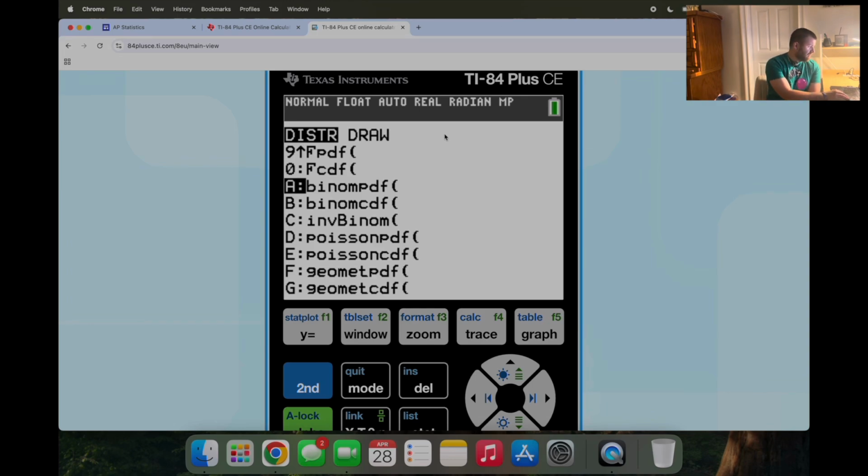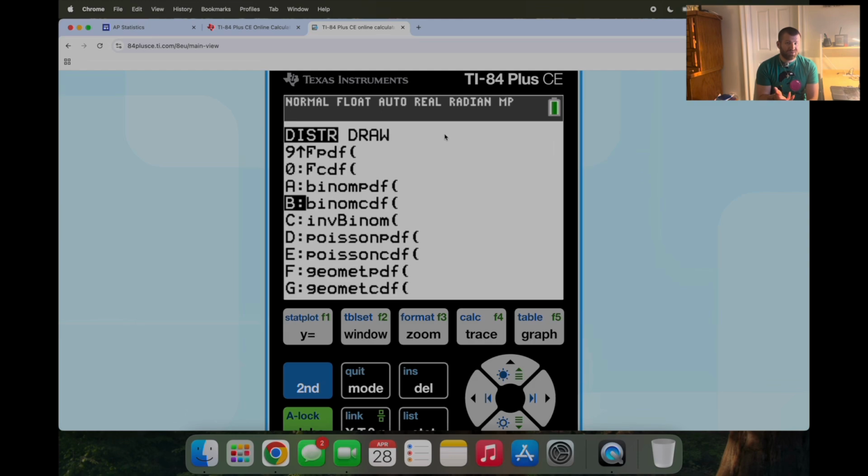The CDF functions, whether you're binomial or geometric, very importantly, are less than or equal to. I'm going to say that again. They are less than or equal to. And so you have to be very, very careful in how you use them.